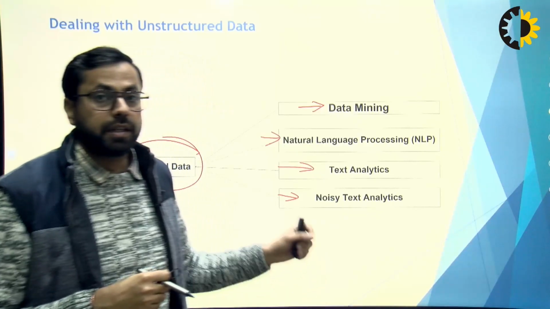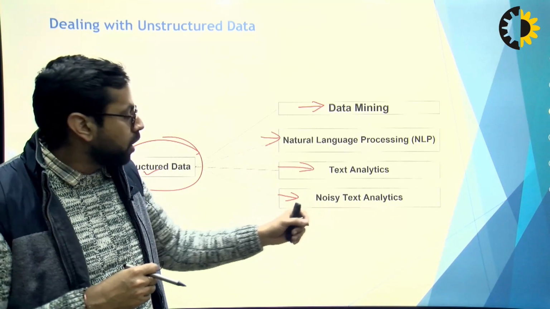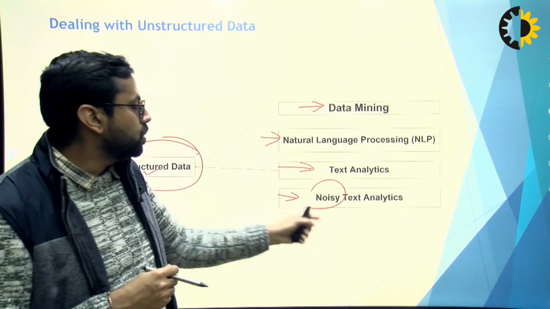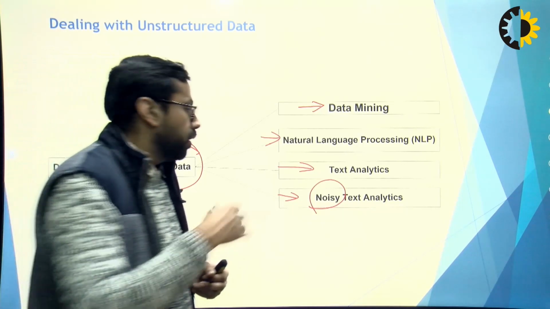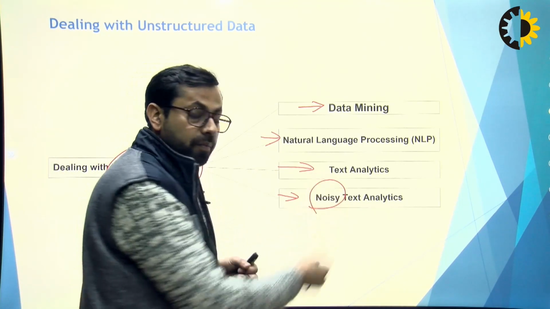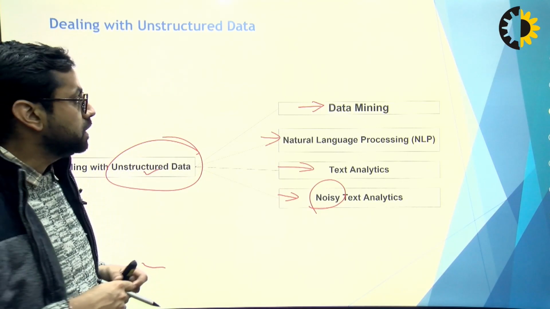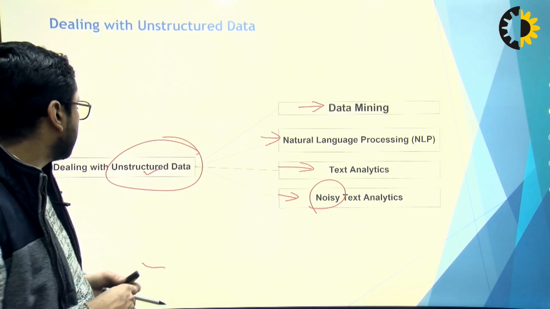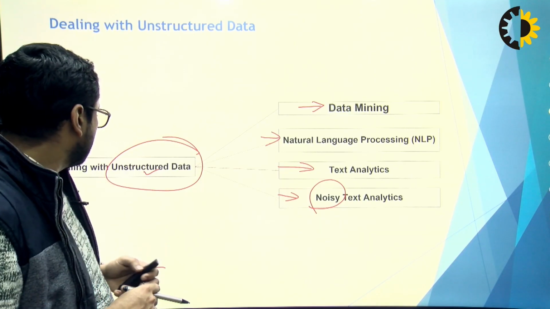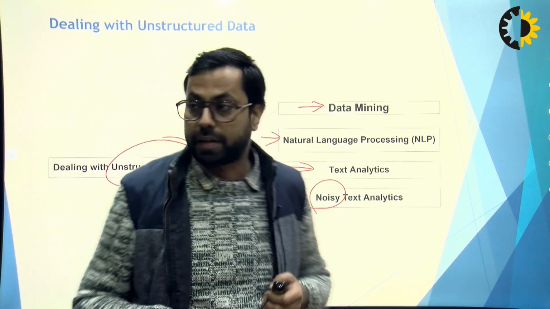That data will be unsecure, and it is known as noisy formation. Recovering from the noisy text is known as noisy text analysis, and all these things will be done in the proper way. So this is how we deal with unstructured data.